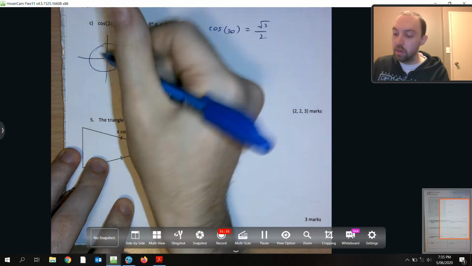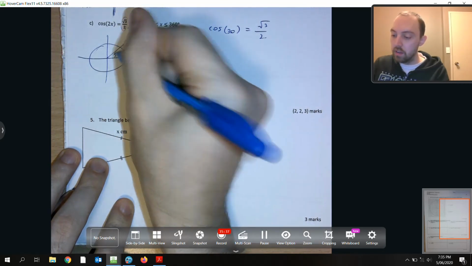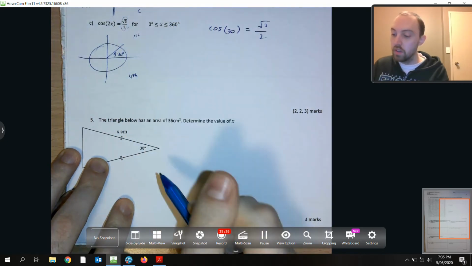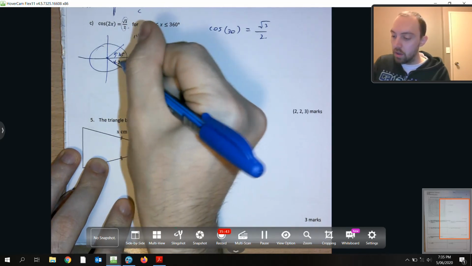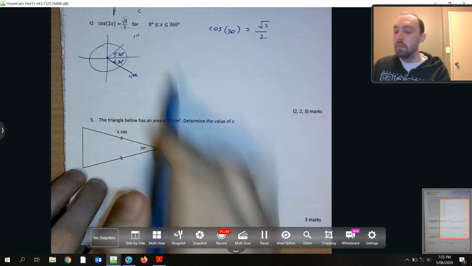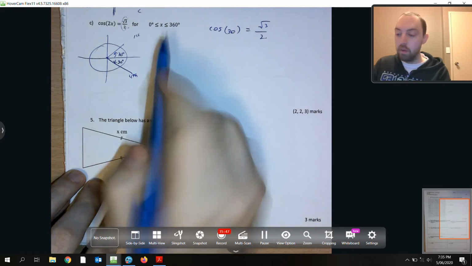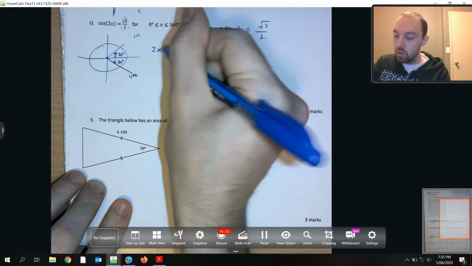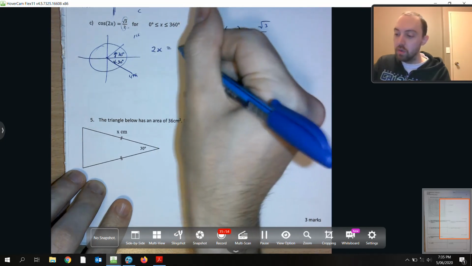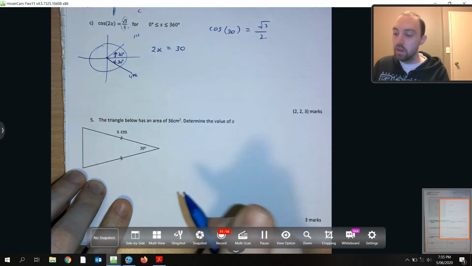Okay, so that's the angle that it has to make with the x-axis. That has to be 30 degrees. And then this also has to be 30 degrees. But we are doing it both positive, so 2x is equal to 30 degrees.